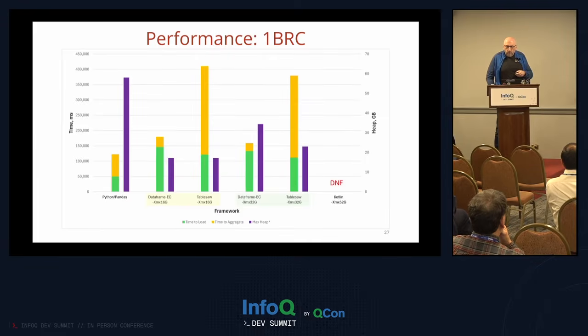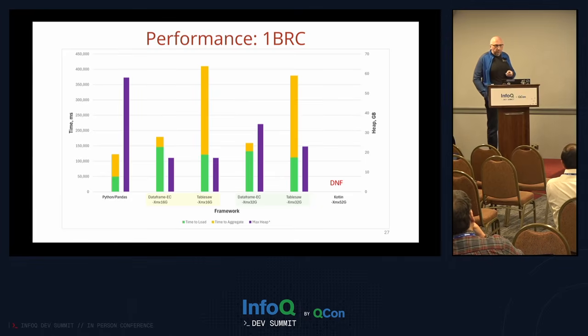Let's look at the 1 billion row challenge results. So a couple of things kind of stand out. In terms of performance as measured by execution time, Python comes pretty much ahead of everyone by some relatively significant measure.